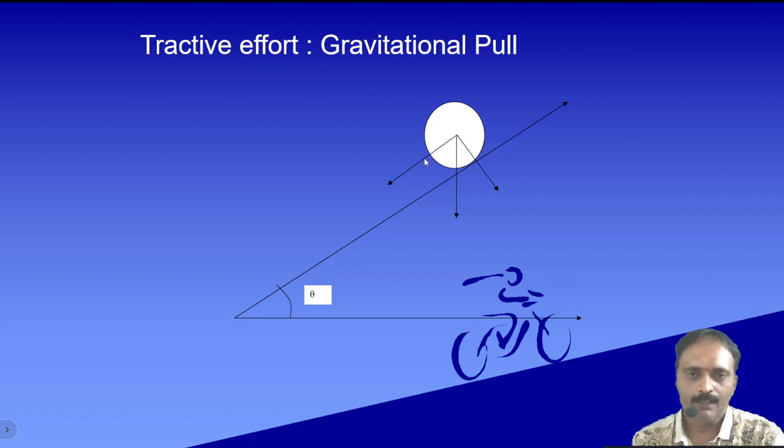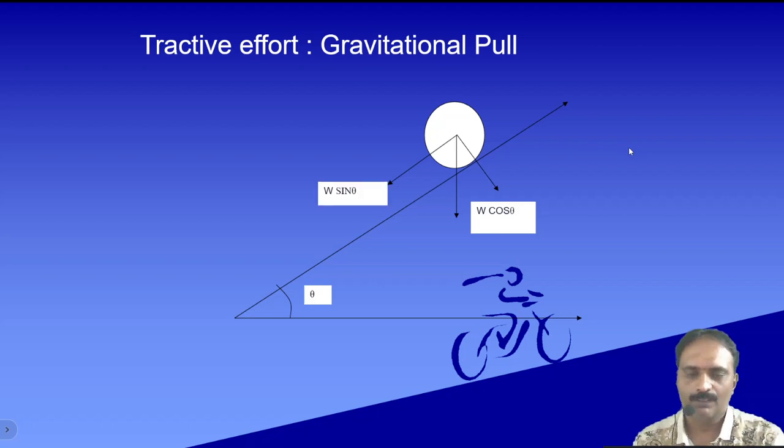So when you divide this into two components, one will be W cos theta, and the other will be W sin theta, which is the gravitational pull on that object, and we need to compensate this component of force. This means the tractive effort should have this component of force also in order to overcome the gravitational pull. I hope it is clear to you.